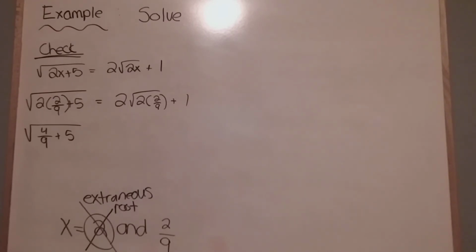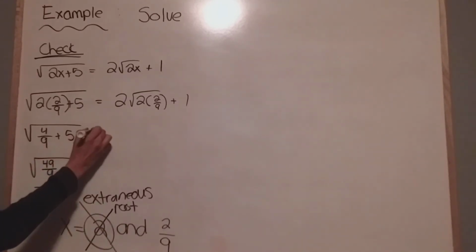And you can plug it into your calculator. If you do that, you'll get the square root of 49 over 9, which gives you 7 over 3. You have to make sure when you're doing your check, you put the exact answer in. If you round it, you get a different answer.